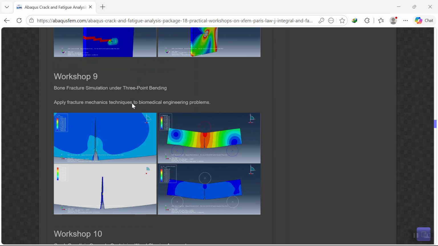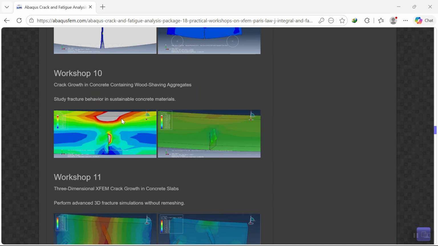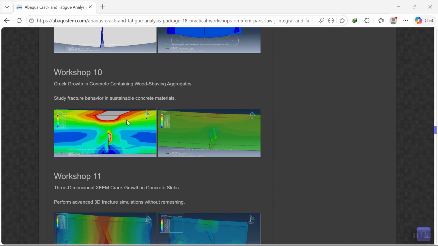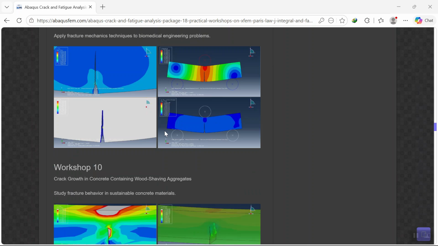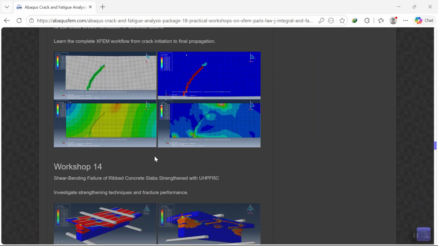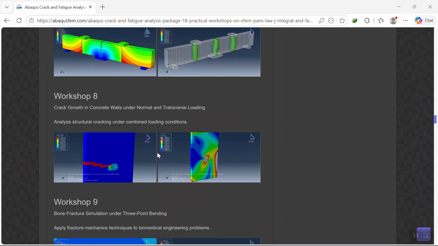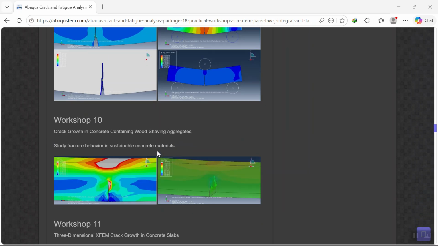Then you'll study bone fracture under three-point bending. You'll simulate fracture in sustainable concrete containing, as you can see here, this is a bone and this is the wood concrete cement.